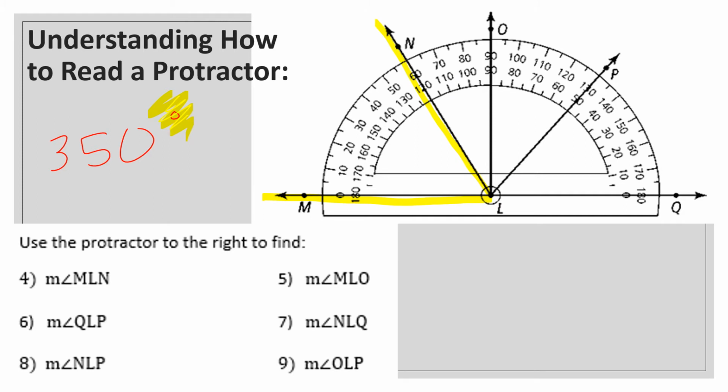The number 0 is here, at the straight edge right there on that line. So if we're going from 0 all the way to 60, we're looking at that outside number. That means that the measure of angle MLN is 60 degrees.